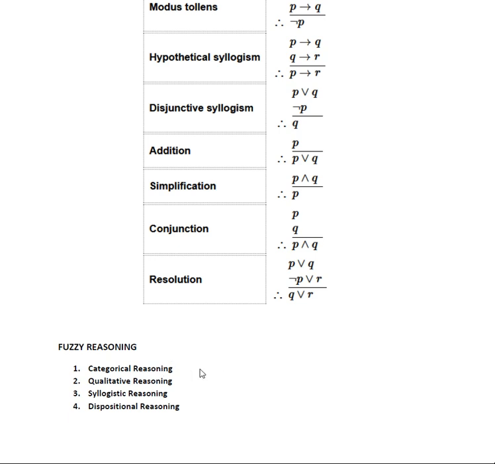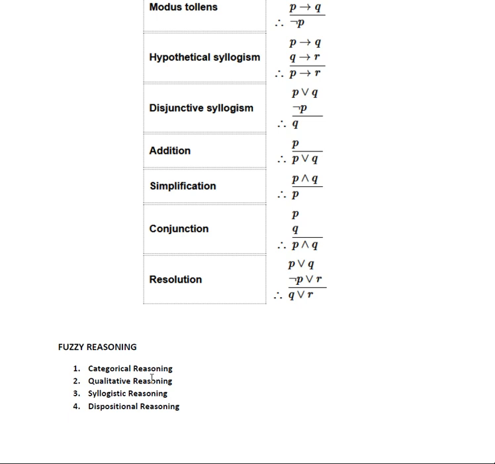We take into consideration the chaining rules, we take the rules of inference, and we take into consideration the conjunction syllogisms. All of this comes under fuzzy reasoning.